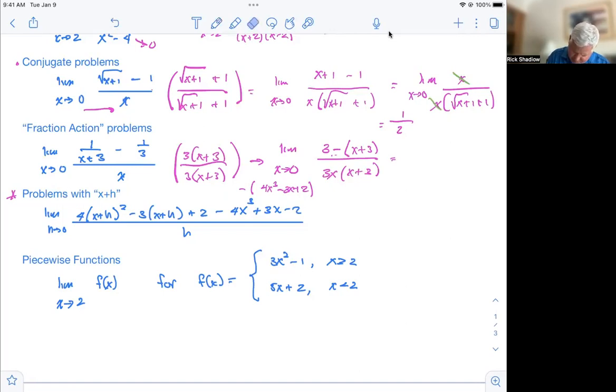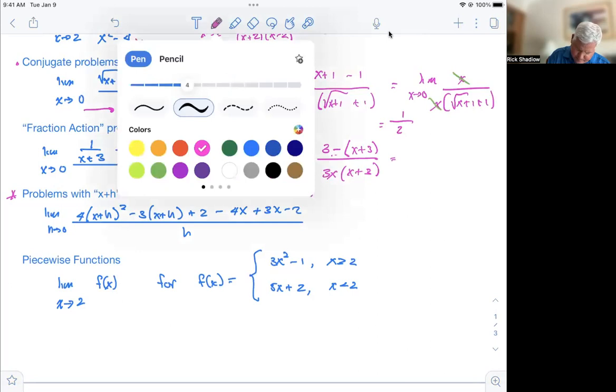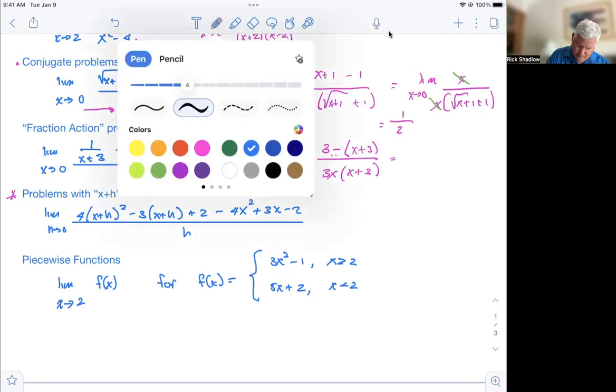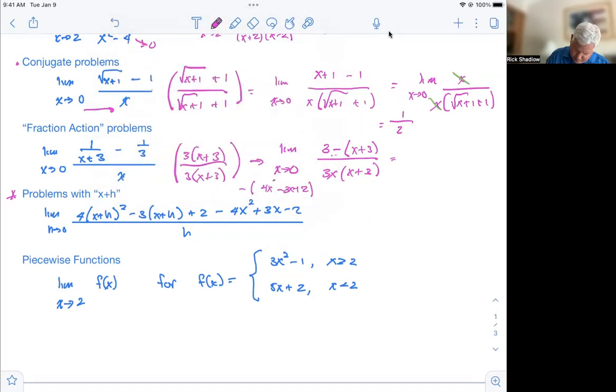So let me change this to a square, and also change that to a square. Then expand the binomials, simplify some terms, and divide through by h. And that ends up working out fairly nicely.